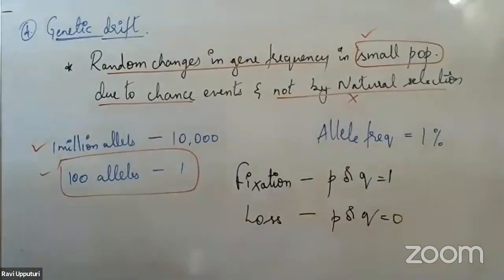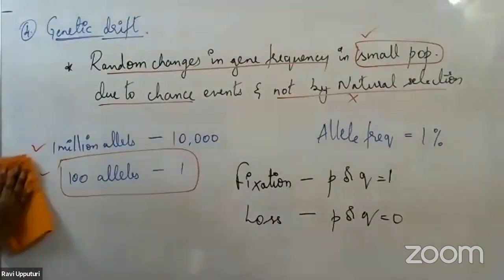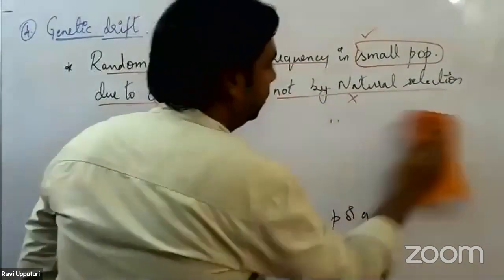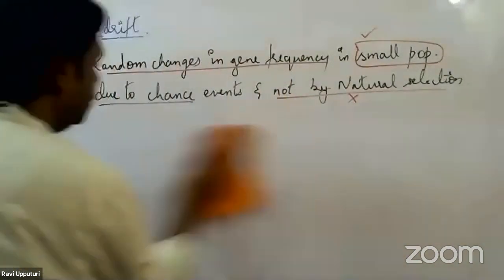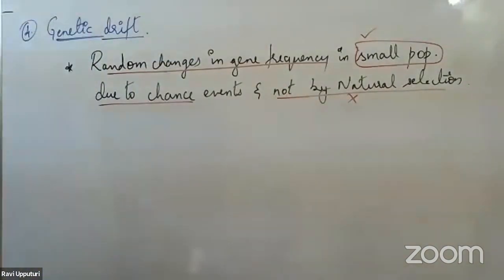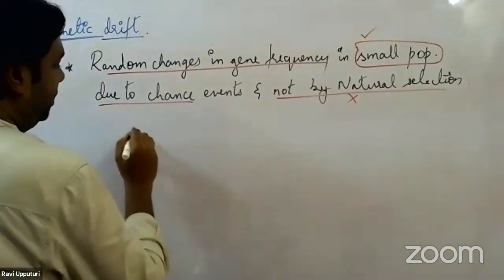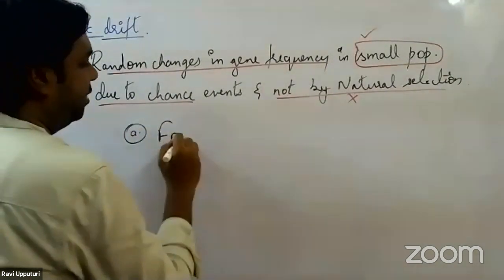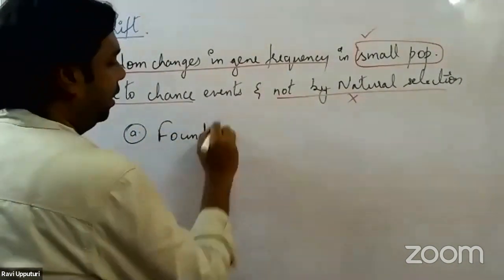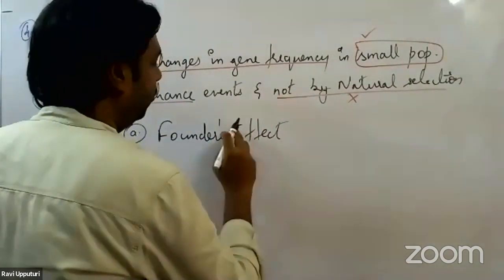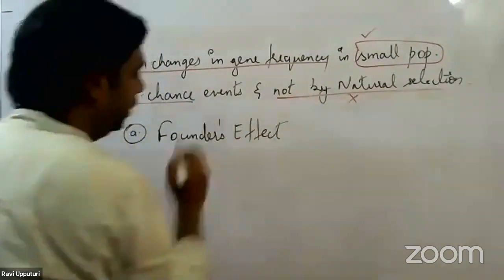Now, we have two different examples under genetic drift so that we can understand more about it. The first example we'll be studying is called the founder's effect.